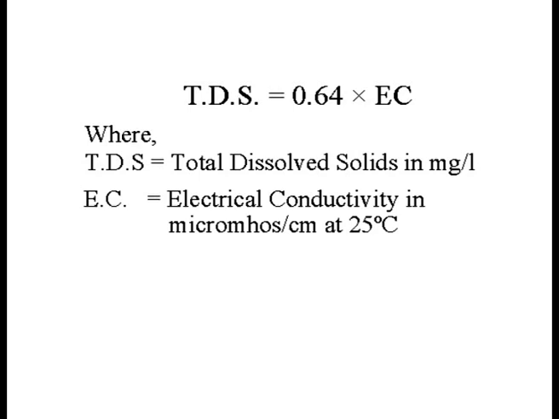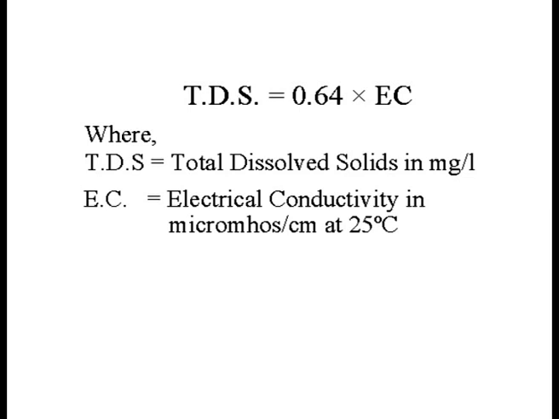So, the electrical conductivity is represented at 25 degree centigrade. This is the standard temperature for the representation of the electrical conductivity. The unit of electrical conductivity is micromhos per centimeter or microsiemens per centimeter.